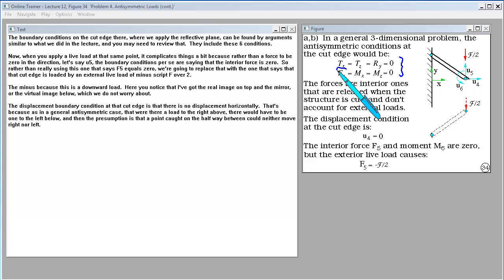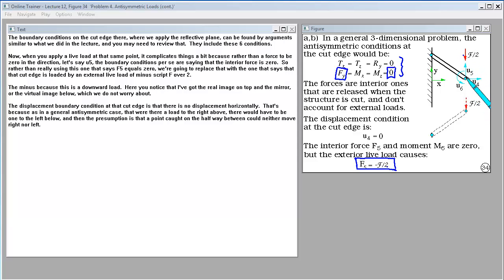So rather than really using this one that says F5 equals 0, we're going to replace that with the one that says that the cut edge is loaded by an external live load of minus script F over 2. The minus because this is a downward load.